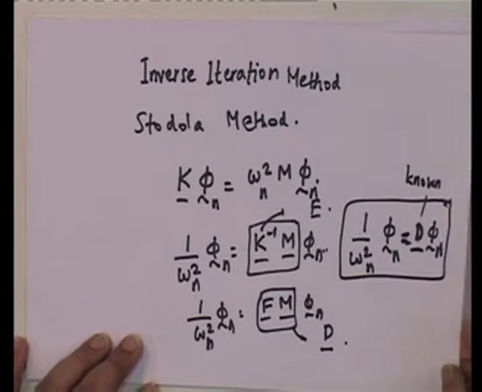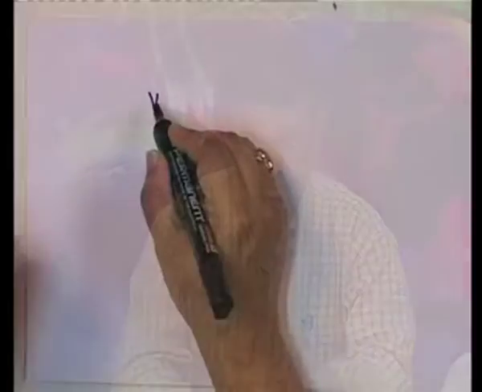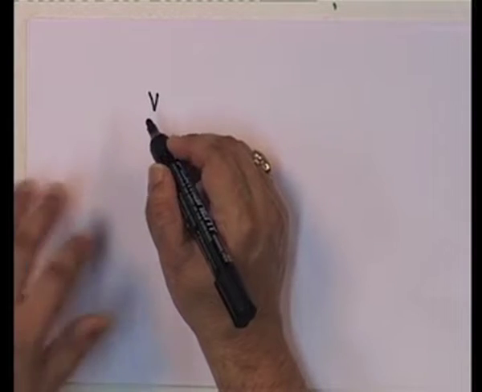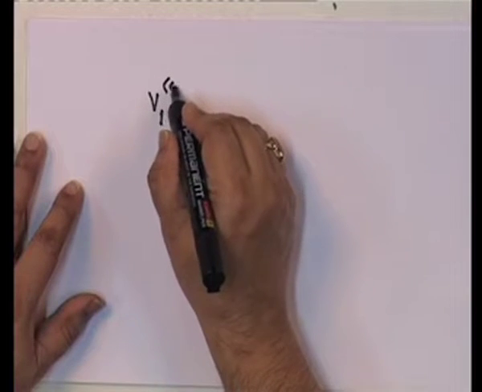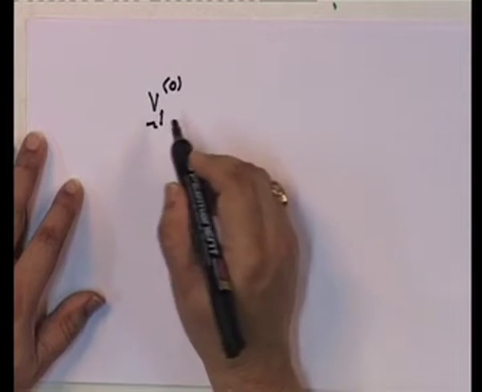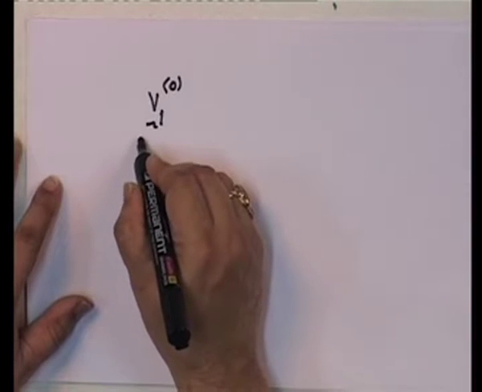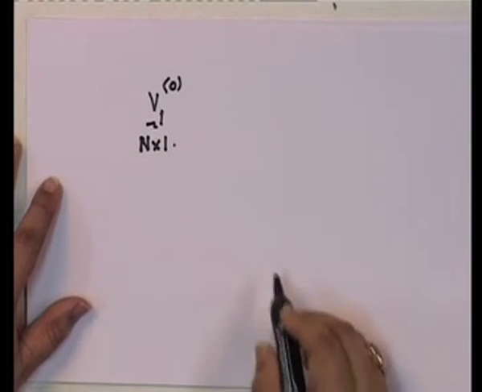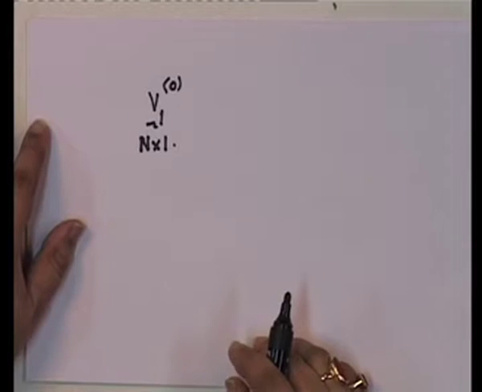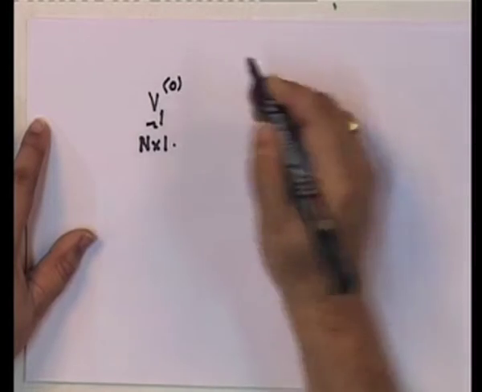However, the Stodola method says that you start with a specific vector. So you start with a vector and we will call this vector V1, the 0th. This is an n by 1 vector, a column vector. So take any vector, you think up a vector.